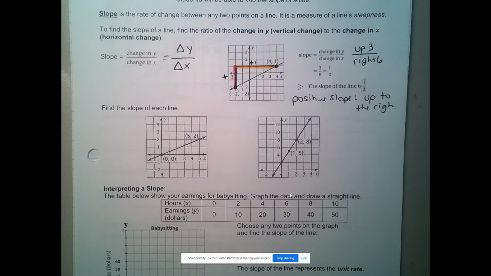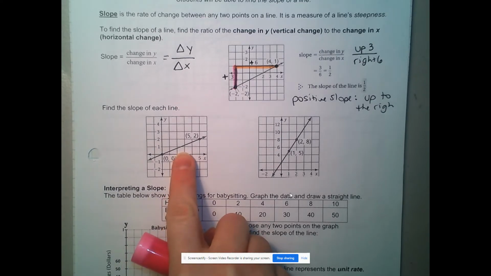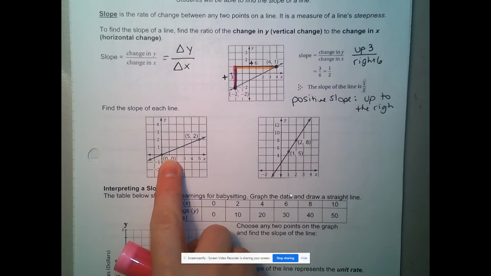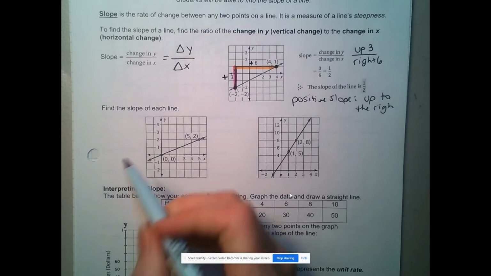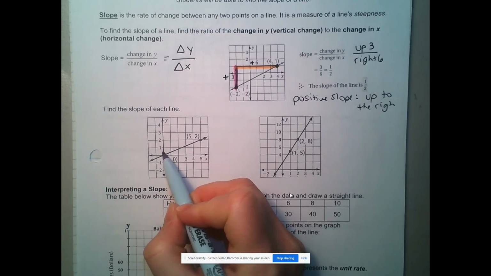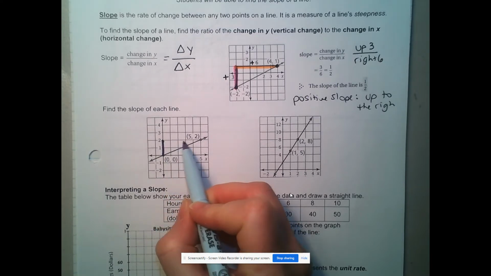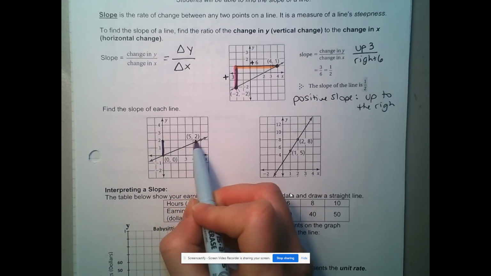So we're going to do the same process again. But you'll notice this time it's just the line. There's no ups and rights like on the first one, where they were already drawn in for us. This one, we have to draw them in ourselves. So from the point on the left, we are going to go up 2. And I know I'm going to stop at 2 because I'm going to look with my eye over here and say, okay, that's as far as I need to go up in order to get over to this second point.